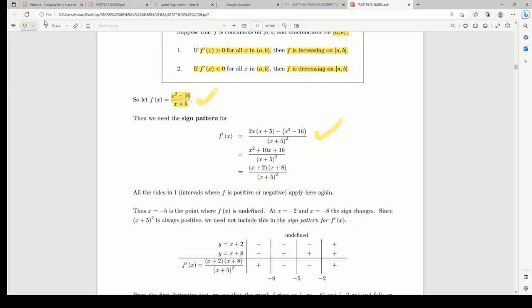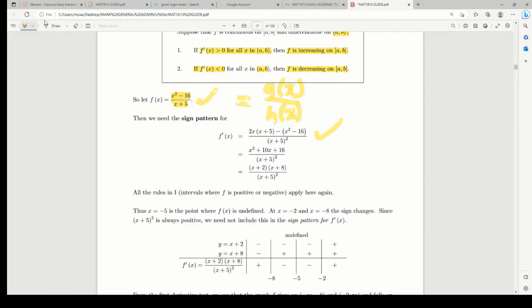Using the quotient rule, because here you have a function f of x equal to, let's say, g of x divided by h of x. So here they're looking strictly at the derivative of this now, of course bearing in mind the function is increasing where f prime of x is positive and decreasing where it's negative on a particular interval.